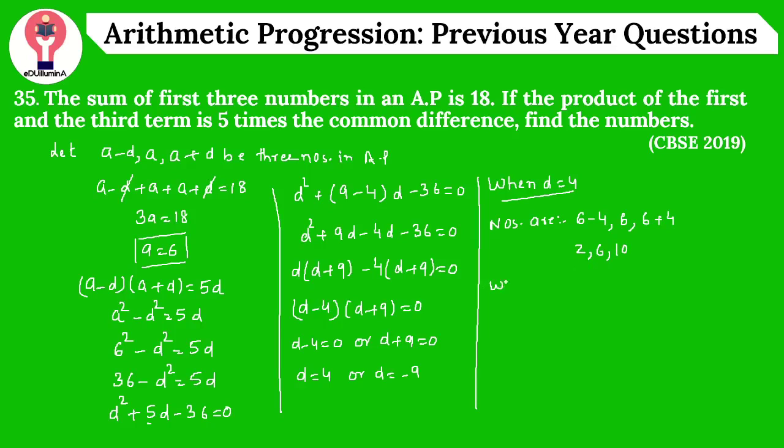Now when d is equal to minus 9, the numbers will be a minus d, 6 minus d, which is minus 9, comma second number is a, 6, and third number is a plus d, that is 6 plus d, which is minus 9. So 6 plus 9 comma 6 comma 6 minus 9, so 6 plus 9 is 15, comma 6, comma minus 3. Okay.